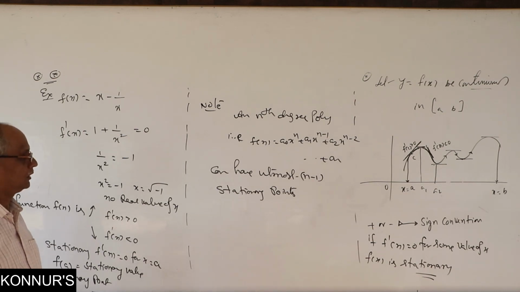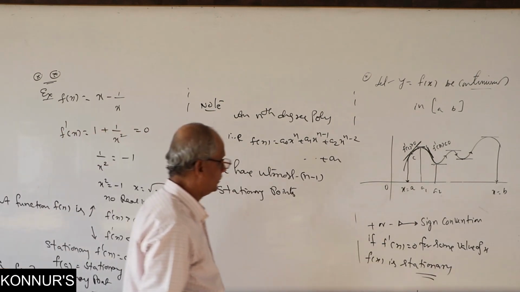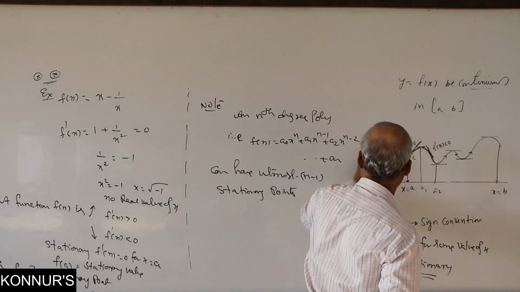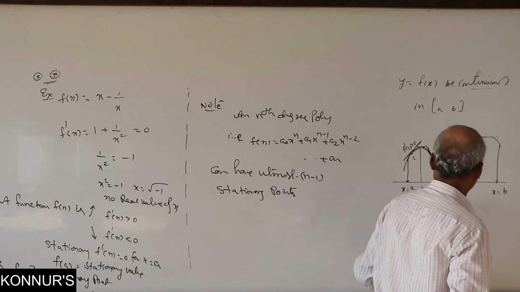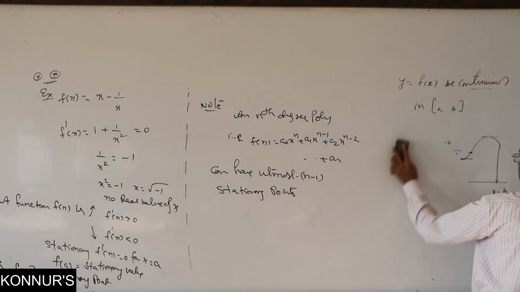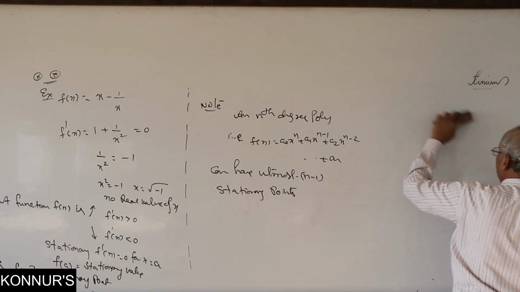Okay. Next, once the curve is increasing, how far it is increasing, where it will start, that is also important. If you ask for that discussion, now you will get the intervals for which it is increasing and decreasing.